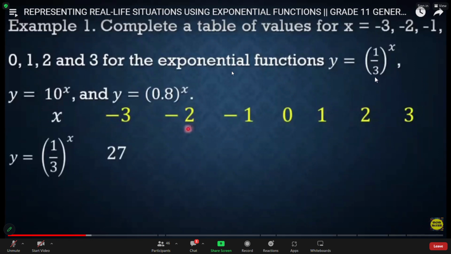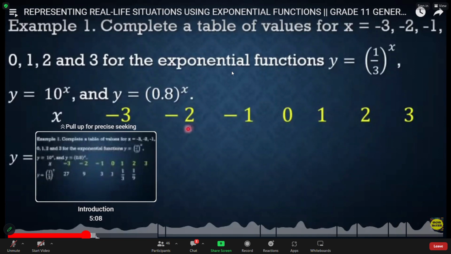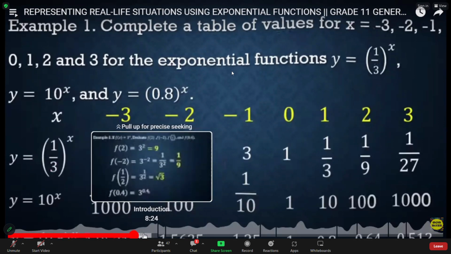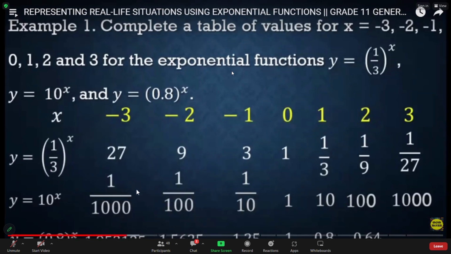This whole expression on the right, which is 1/3 raised to the power of x, x is the independent variable. In the independent variable, you just substitute x in the exponent. So are we clear? Yes, ma'am, we are clear on that.